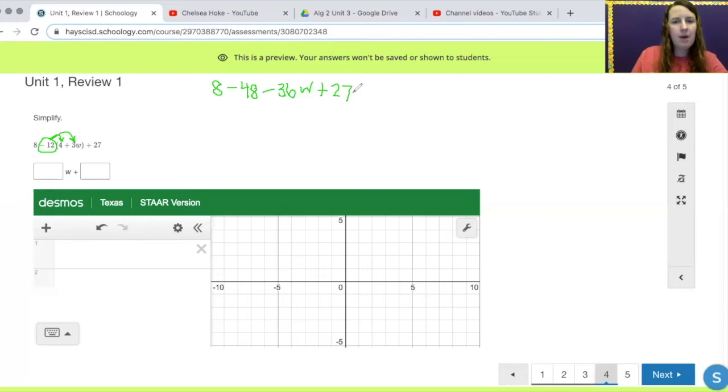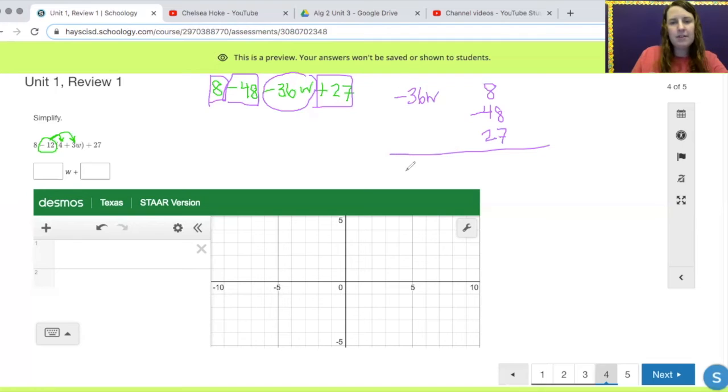So for this problem, I've only got one term that has a variable in it. I've only got this -36w. So that's going to be in its own stack. And then I've got an 8, a -48, and a +27.